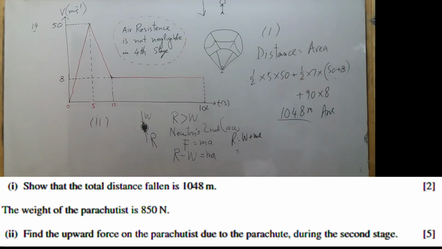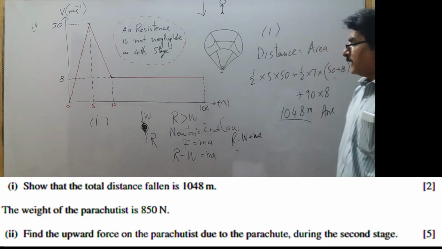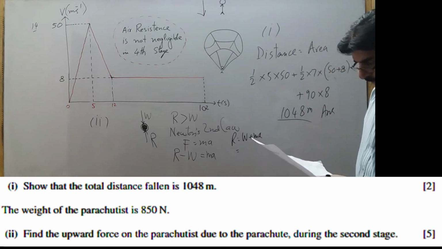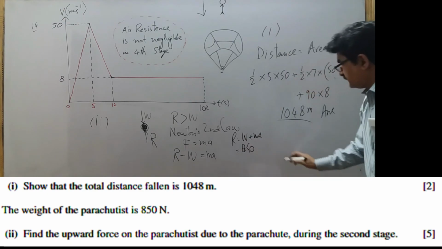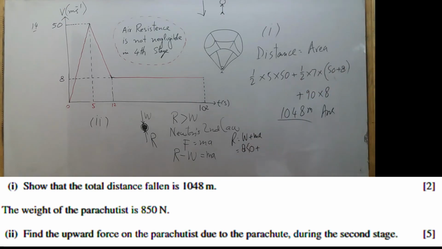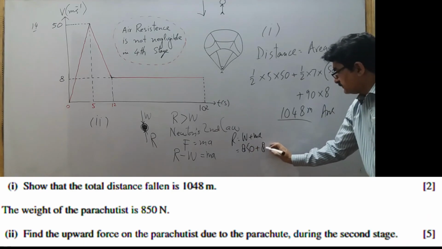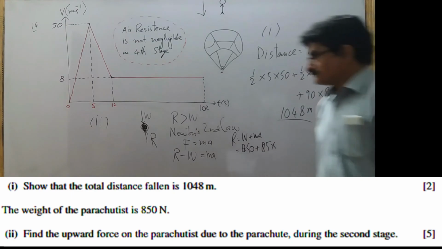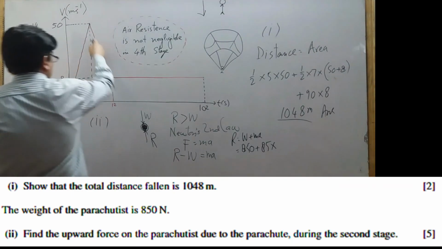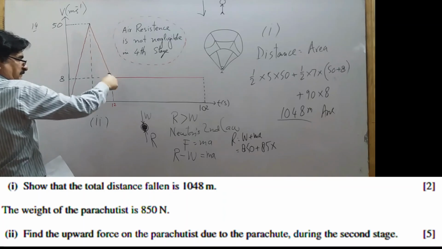Now what is W? W is weight, and weight is given to be 850. It's given in the question. Weight is 850, and then you divide by 10, you will get mass, which is 85, into the acceleration or deceleration. Now during this stage, what is the deceleration?